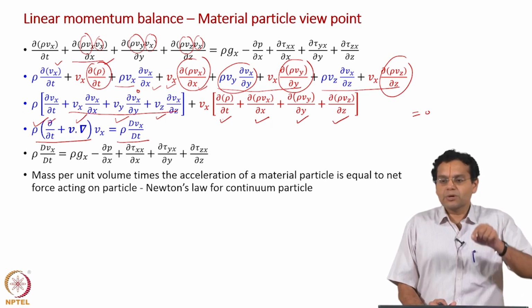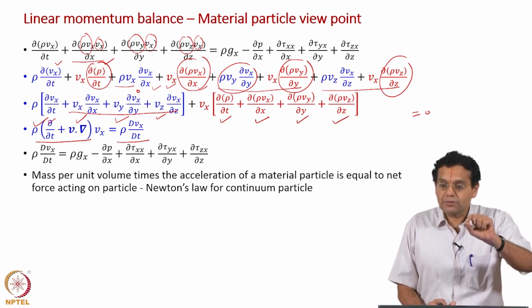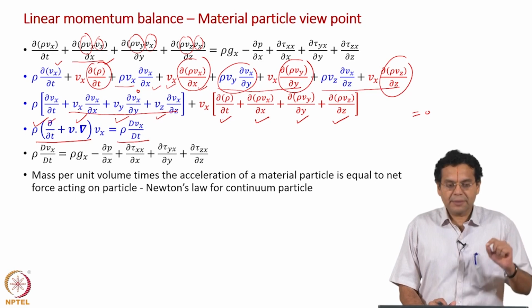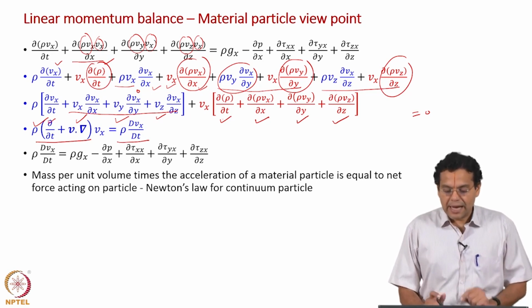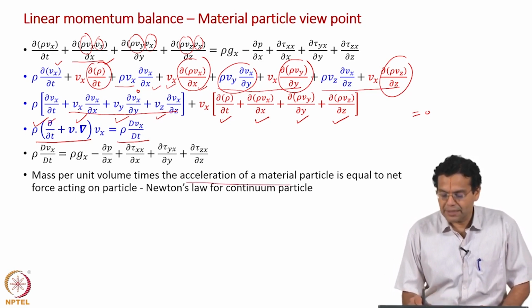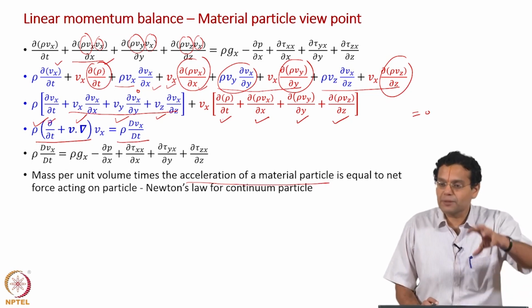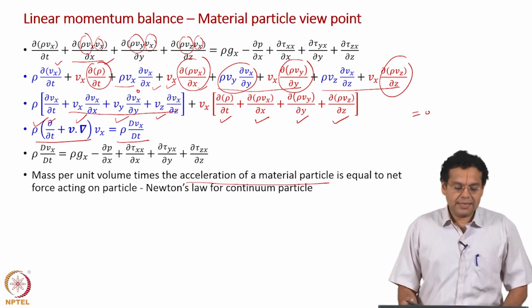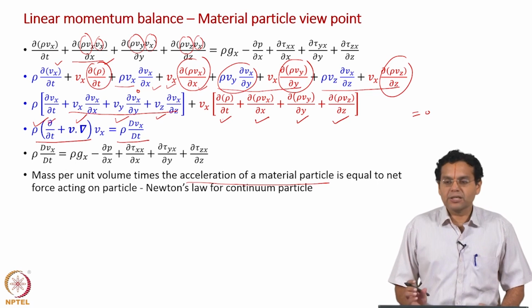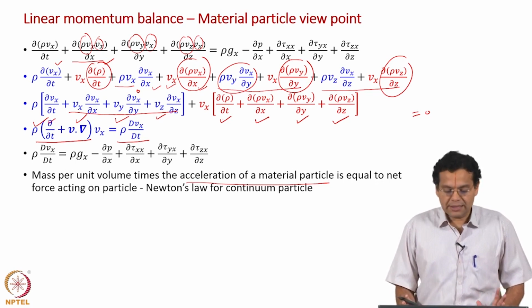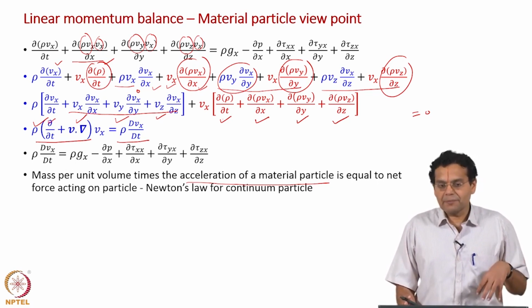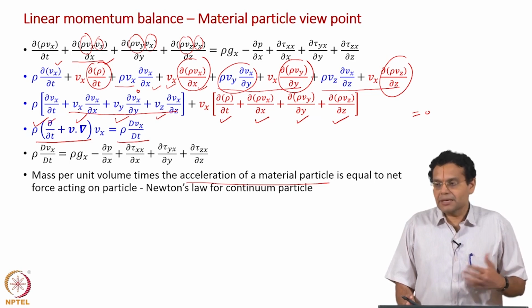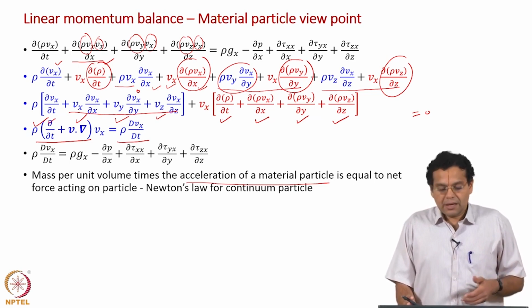The derivative following a fluid particle. So, dVx by dt represents acceleration of a material fluid particle. What is there on the right hand side? Forces acting on the fluid particle. What is this? Nothing but Newton's second law, but for a continuum fluid particle, of course.